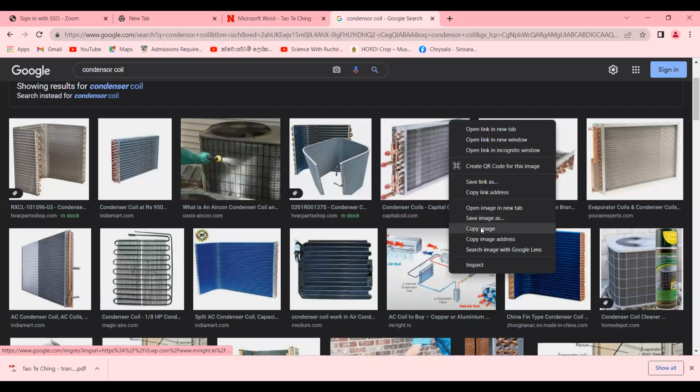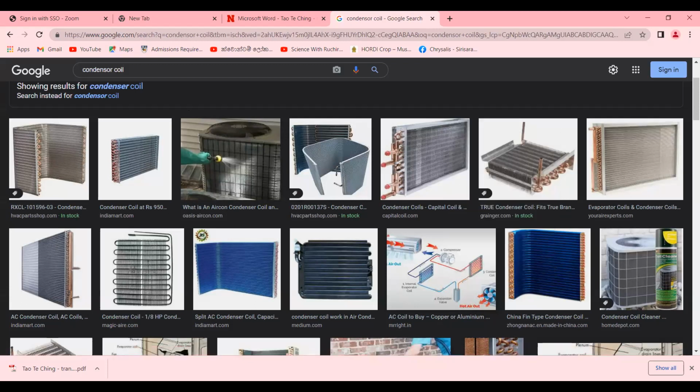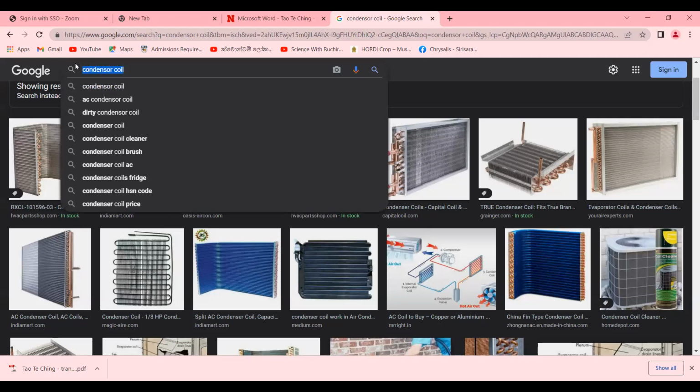But I need this image for your future reference. Evaporator coils.